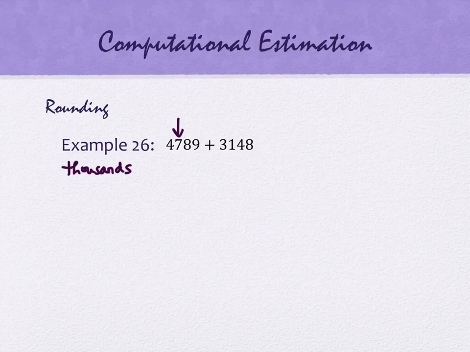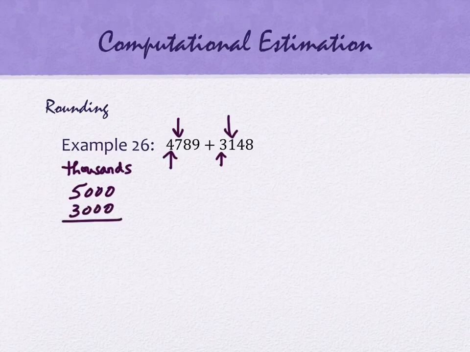So this 7 is bigger than 5, so the 4 here will round up to 5,000. The 1 here is 4 and down, so this 3 will round down, the whole number will round down to 3,000. And then 5,000 plus 3,000 is 8,000.